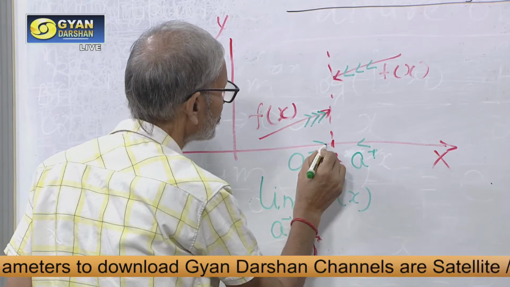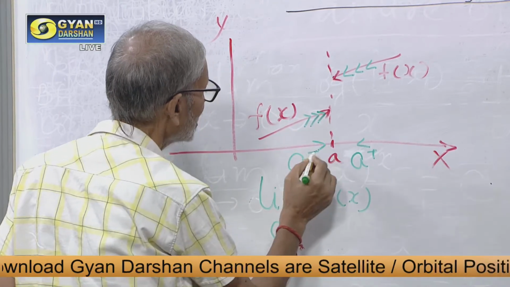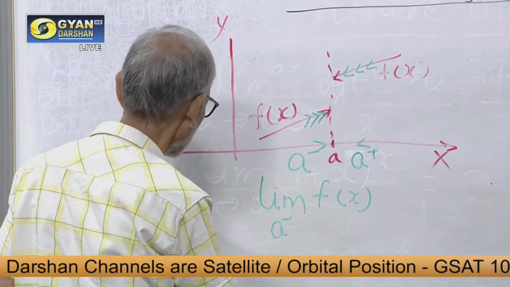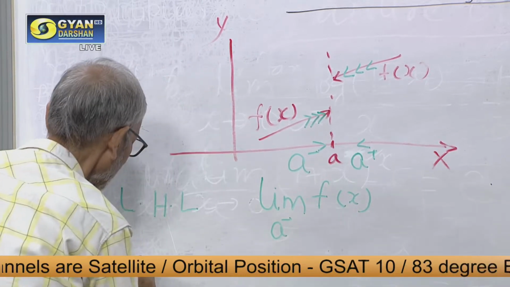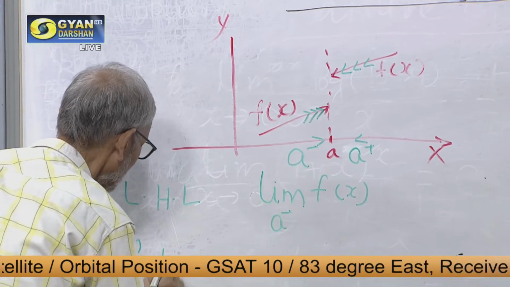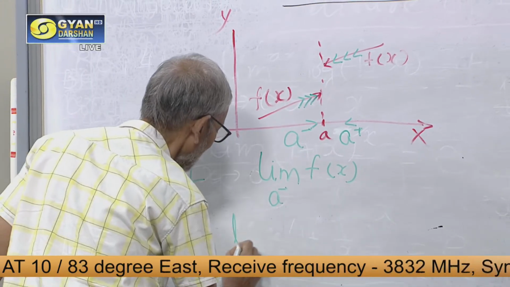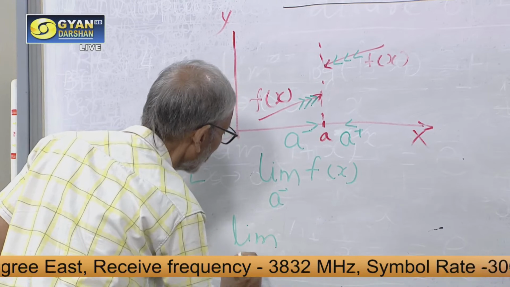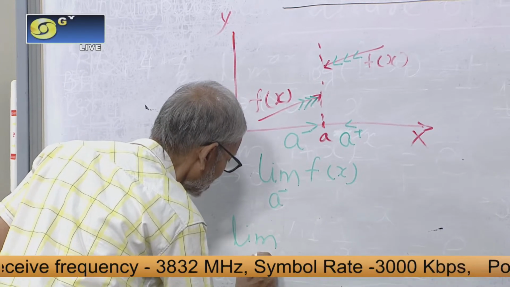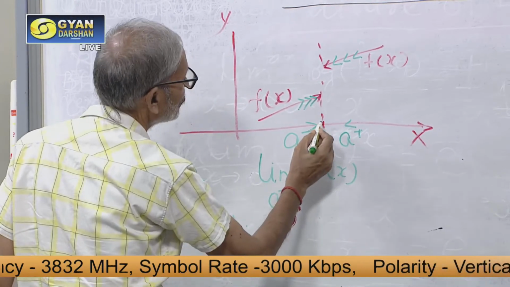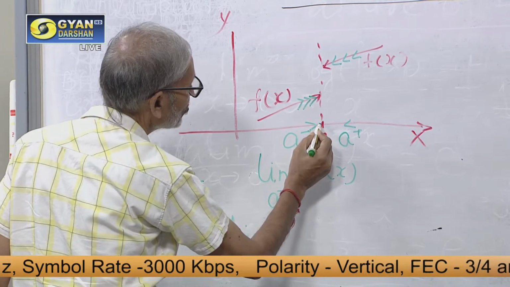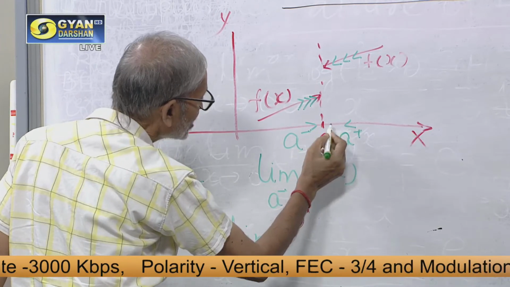So, we approached from this side and found out the left hand limit. Then we discussed about right hand limit, that we approach from the right side, that is a plus. So, we are approaching from the value of x more than a.